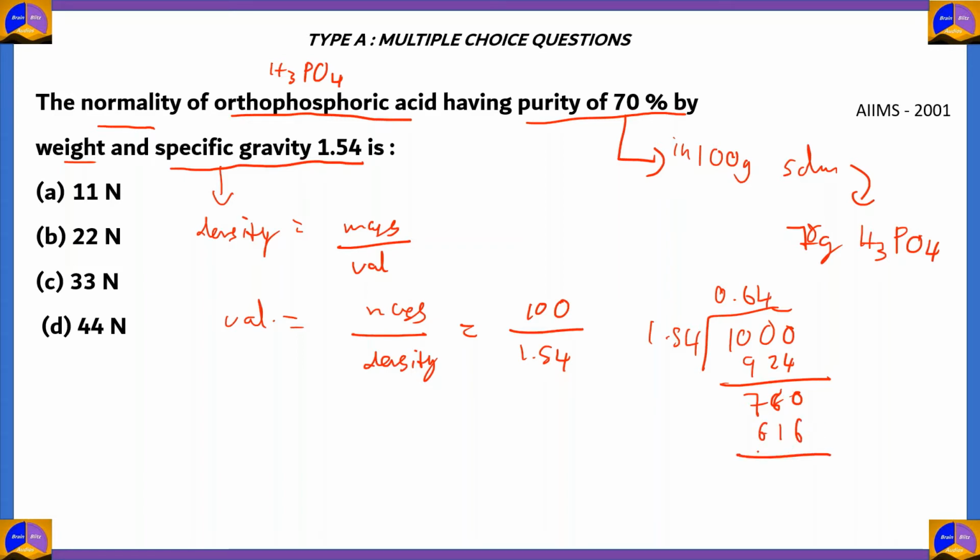And then you'll get 144. And then we add a 0, so we get a 9. So upon doing this division, we'll get our volume as 64.9 cubic centimeters.